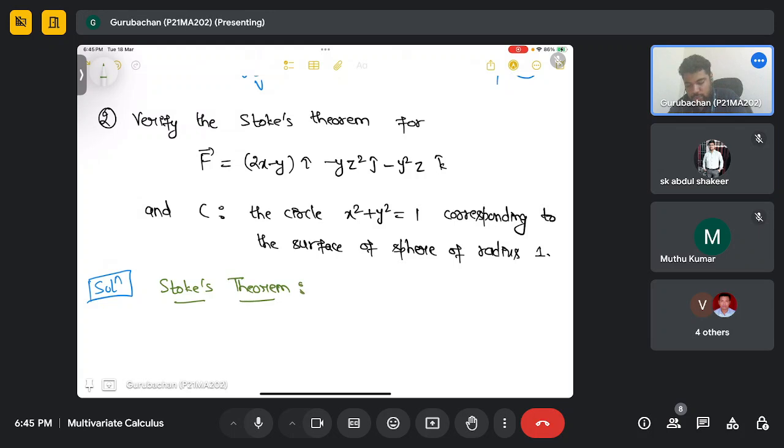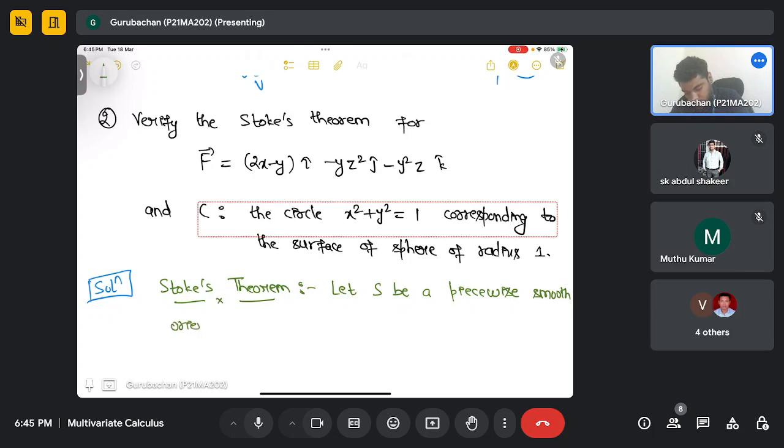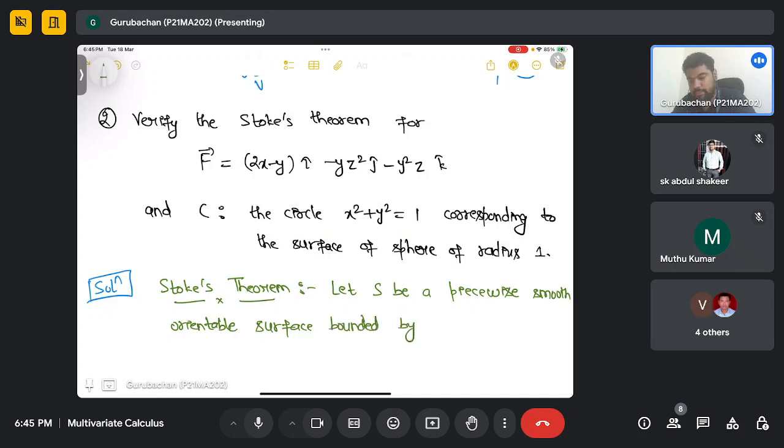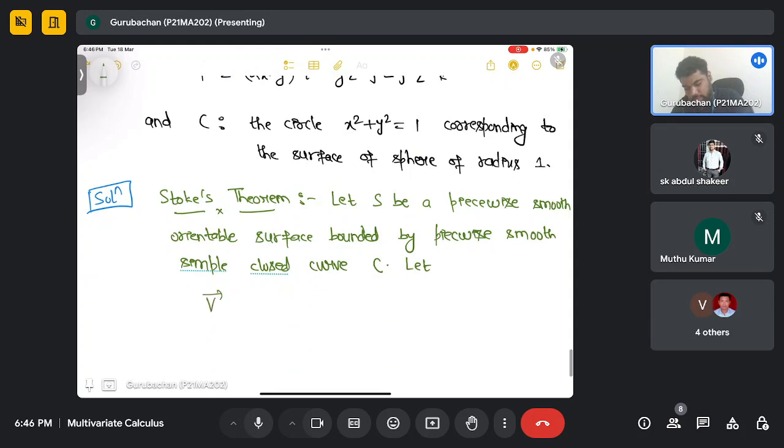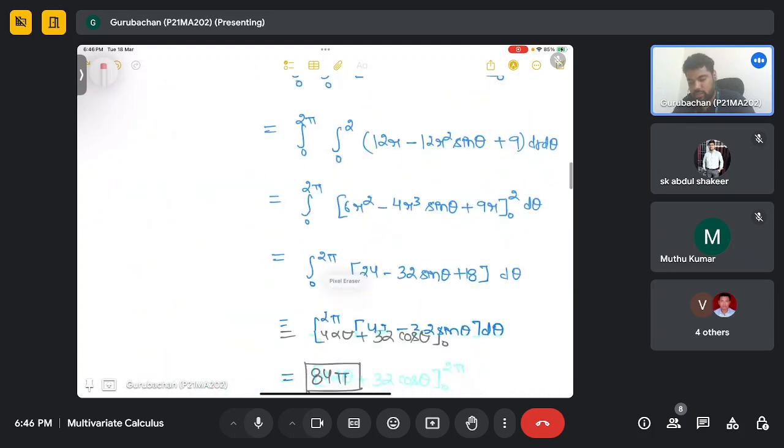Stokes theorem states that: let S be a piecewise smooth orientable surface bounded by a piecewise smooth simple closed curve C. Now we have a vector field V(x,y,z) as V1, V2, V3.